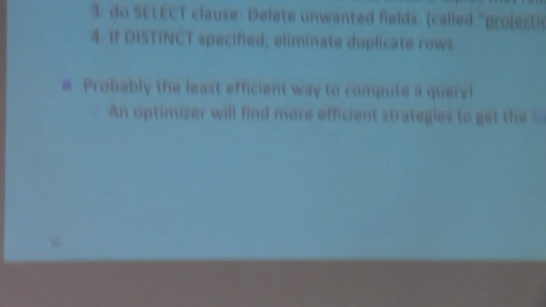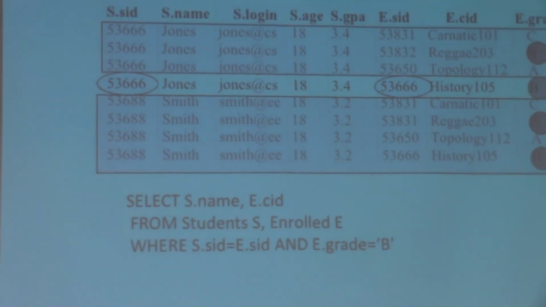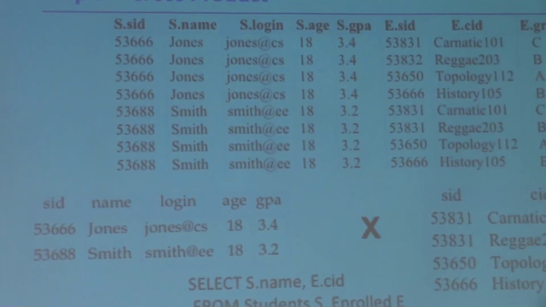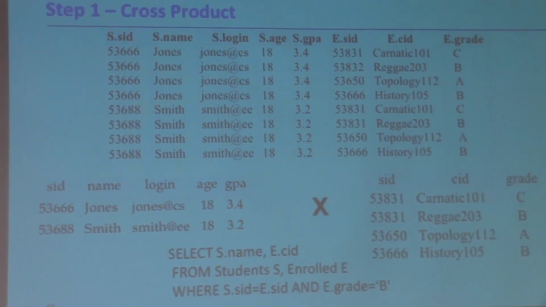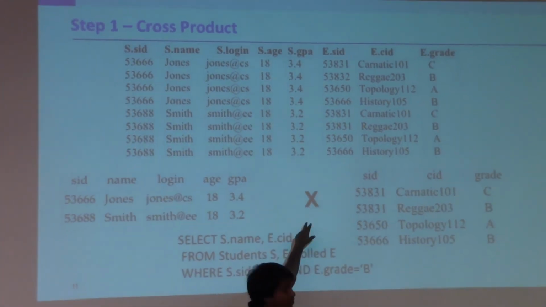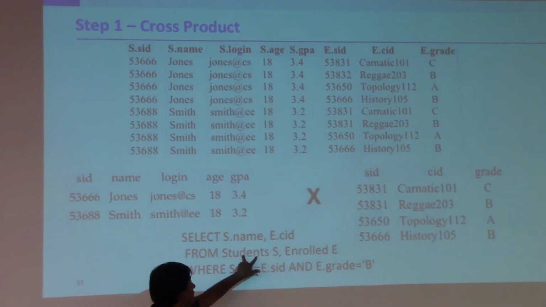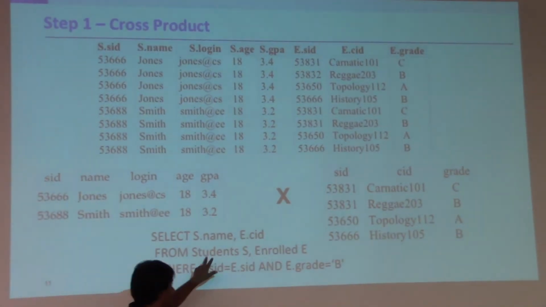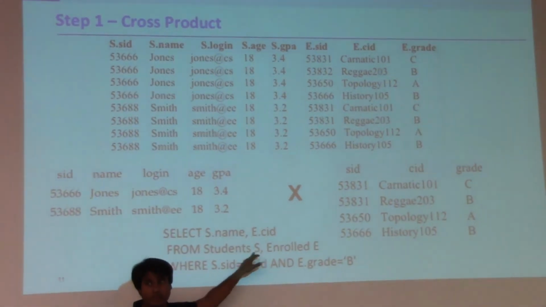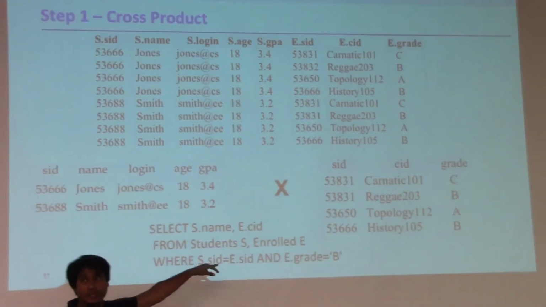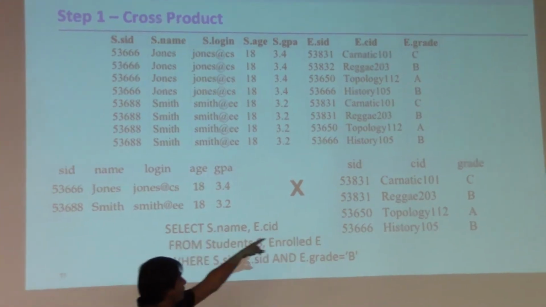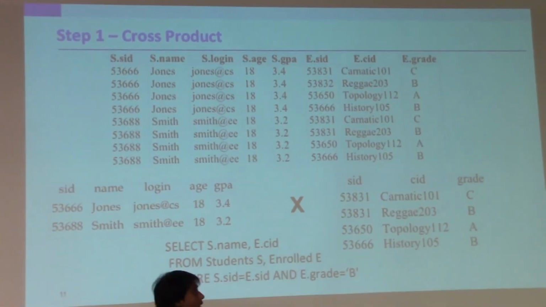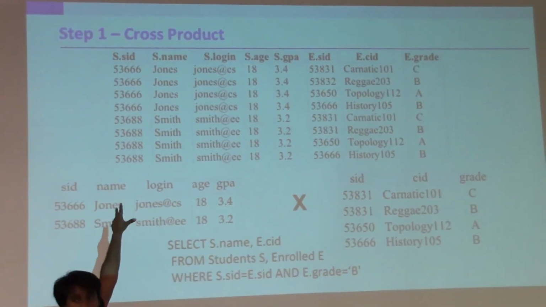So this is exactly what I said. We have these two tables. We are doing the cross product because student and enrolled are specified with a comma, which means these are the relation list. By default, it does this Cartesian product and outputs this intermediate table.